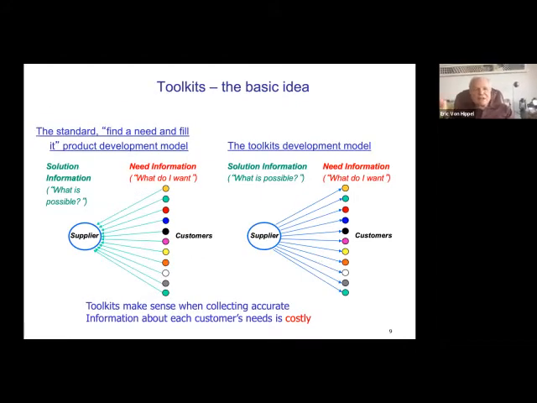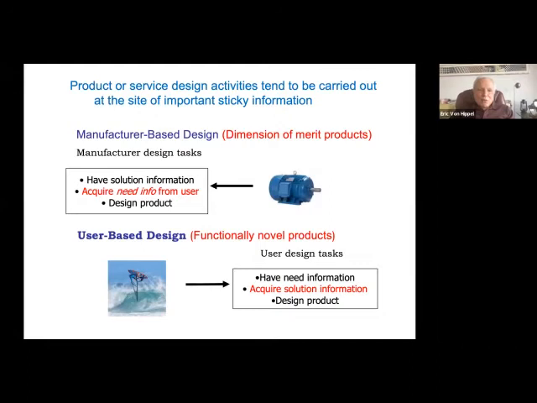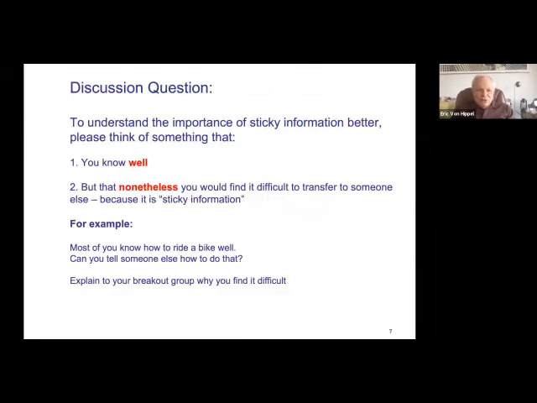Here's the idea then of toolkits. You remember I told you a minute ago that if the information is easy to transfer to a manufacturer that's needed for a new product, then the manufacturer gets that information and does it. If it's hard, what you have to do is figure out some way to get the design information to the user instead.